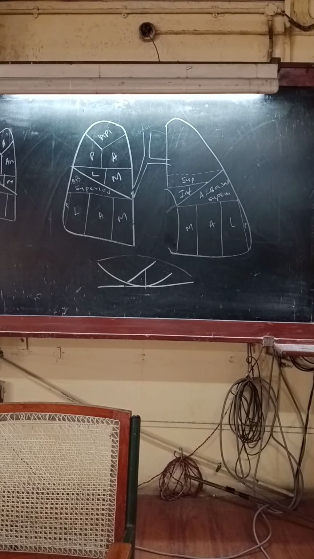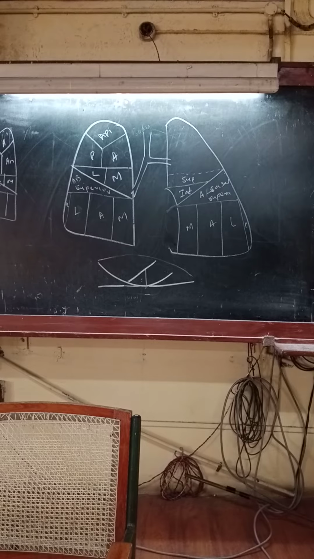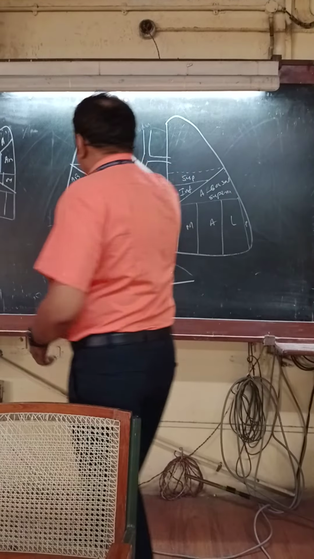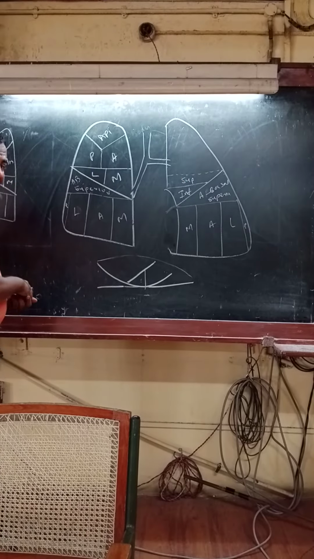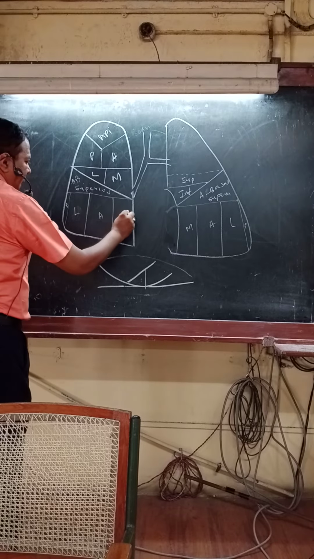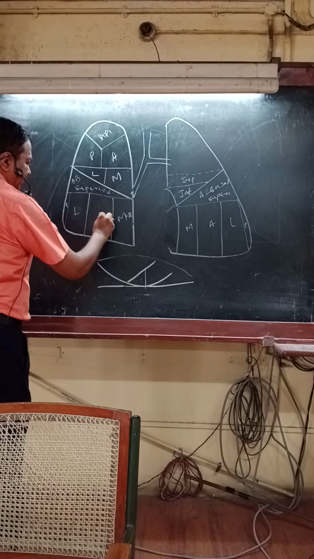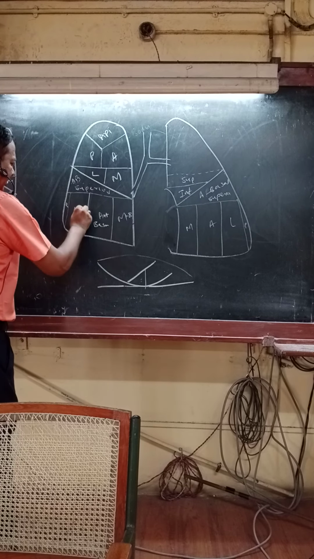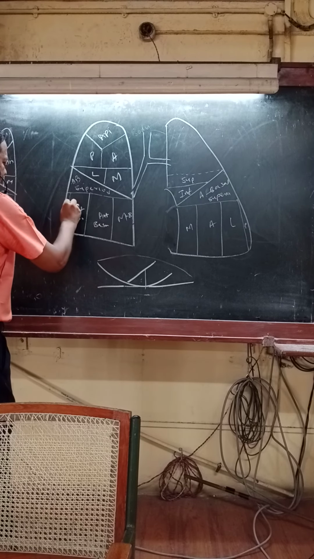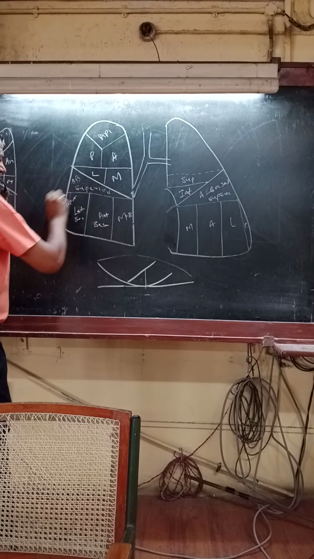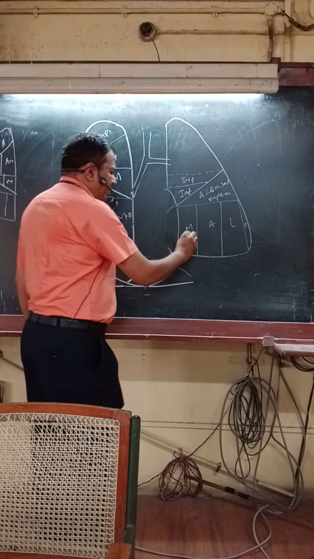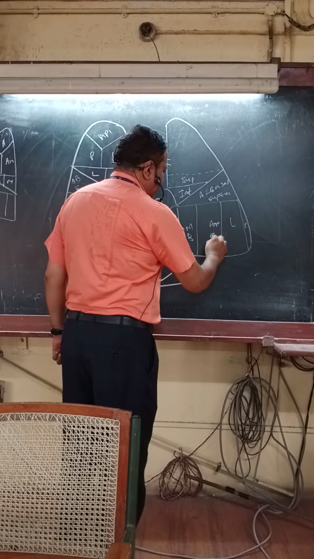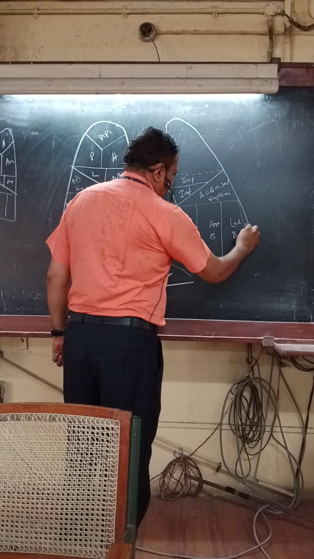They call it superior segment because apical is already here. Okay, now we had named this. This is not called medial. Medial basal. This is anterior basal. This is lateral basal. This is posterior basal. Okay, so medial basal, anterior basal, lateral basal, posterior basal.